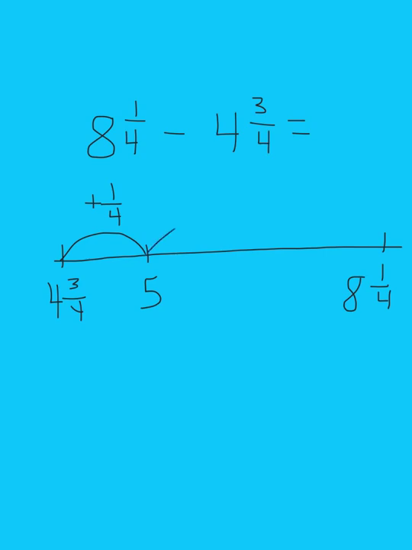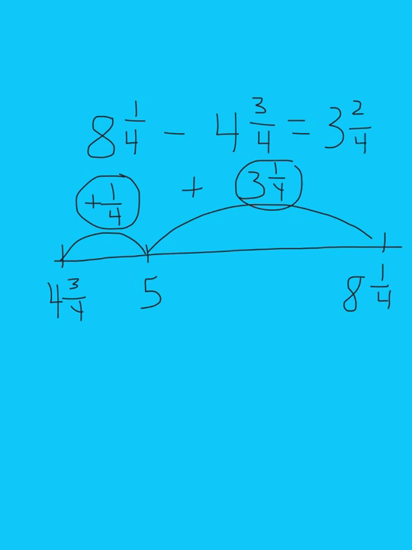Now we're going to jump from 5 to 8, so 5 plus 3 wholes is 8 wholes, but we still need 8 and a 4th, so it's going to be 3 and a 4th. Then we're going to add these two together, so 3 and 1/4 plus 1 more 4th is 3 and 2/4. So our difference is 3 and 2/4.